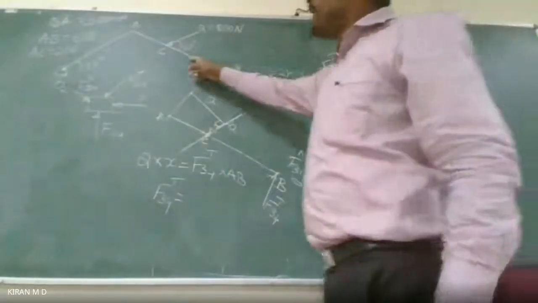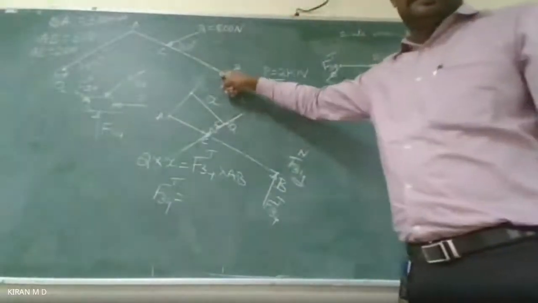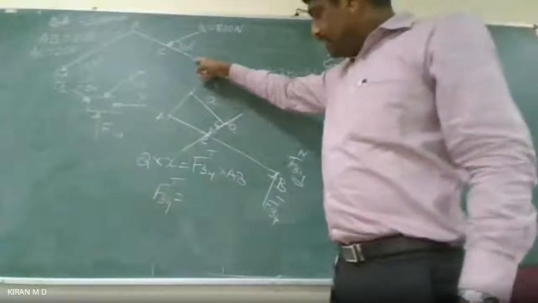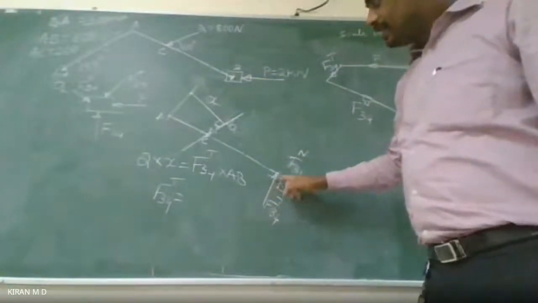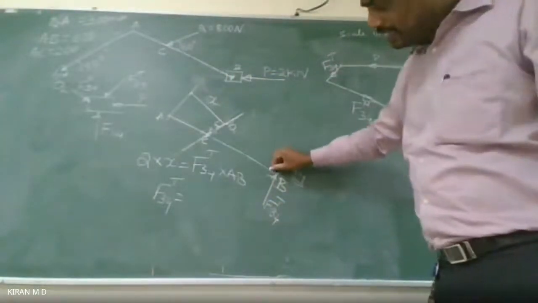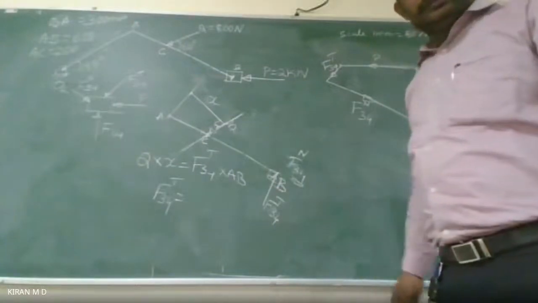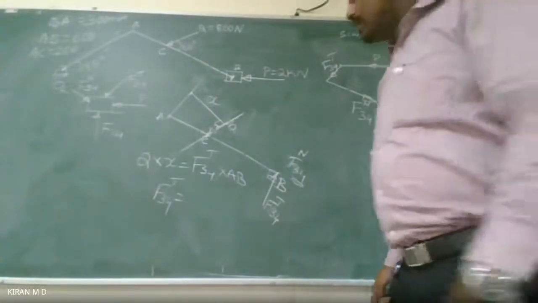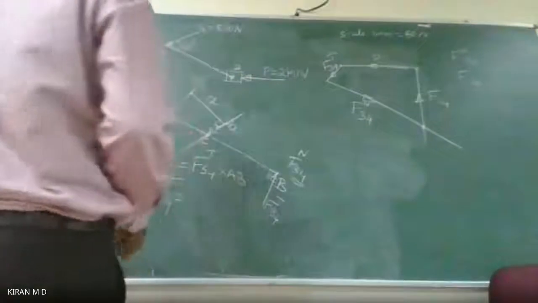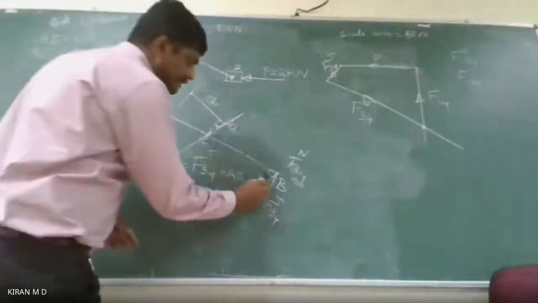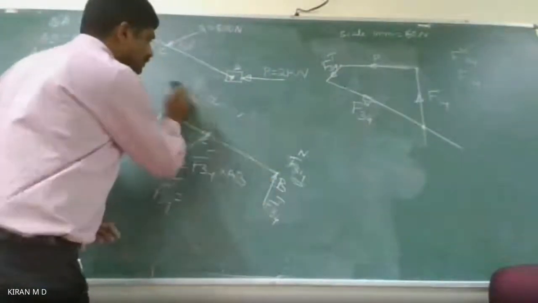The direction of Ft34 is perpendicular to the connecting rod. See here, we have drawn this perpendicular line. In this diagram, once again, I will explain this concept.